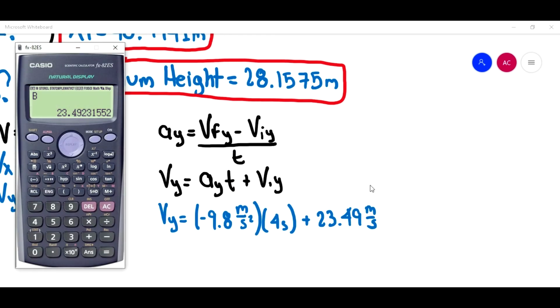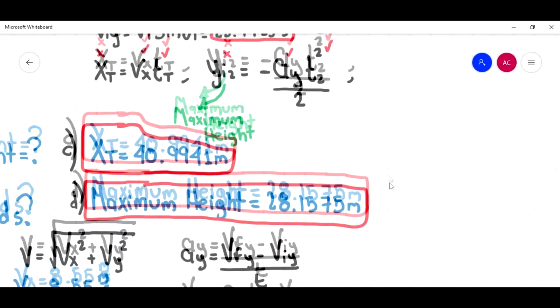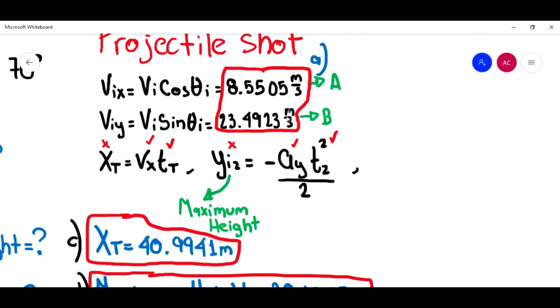Okay, let's do it in the calculator. So minus 9.8 times 4 plus 23.49.